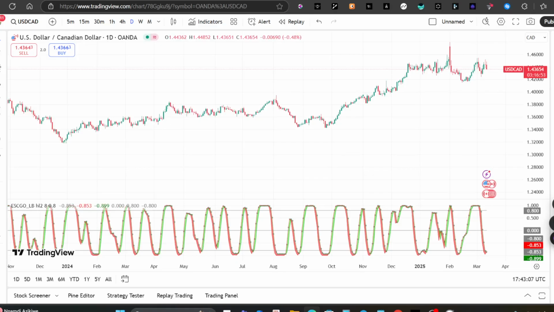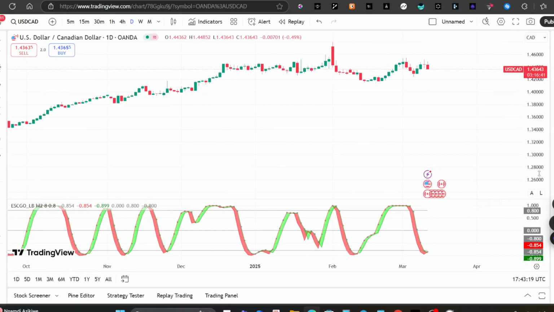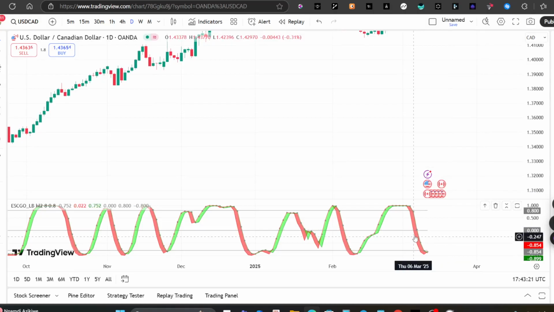Now, once you've added the indicator to your chart, you'll notice these lines in the indicator bar. You're going to notice two main lines actually, the CG oscillator and the signal line.